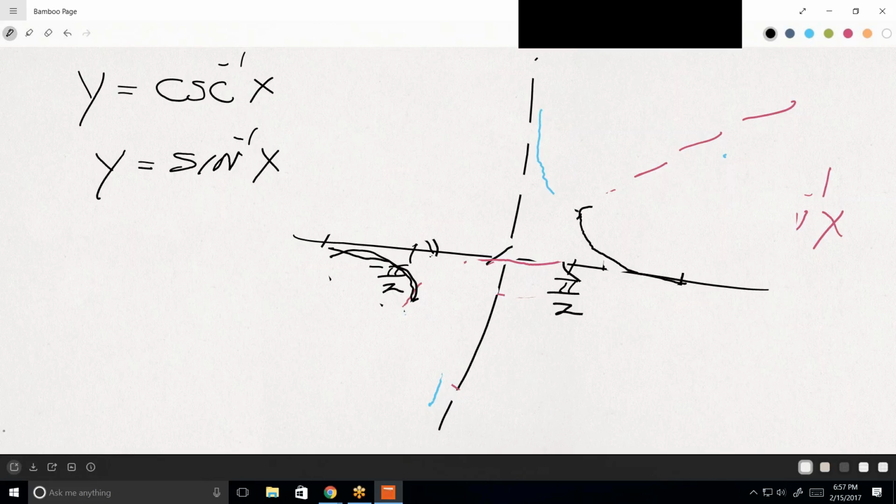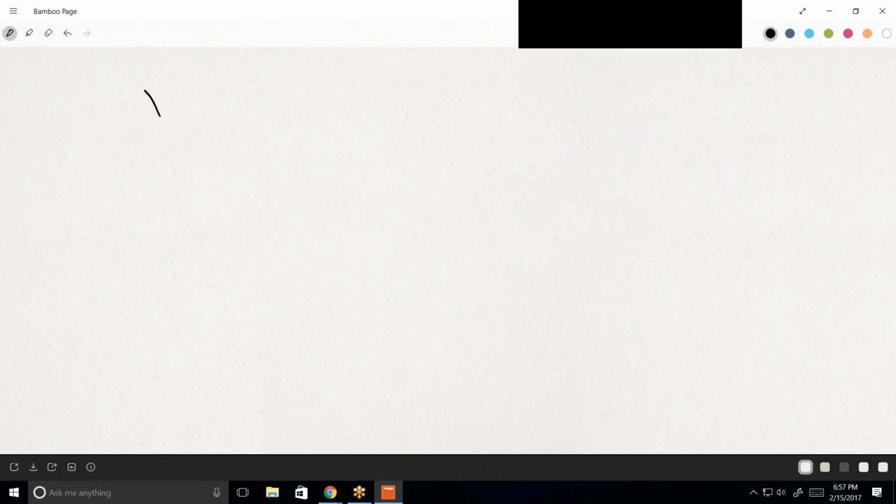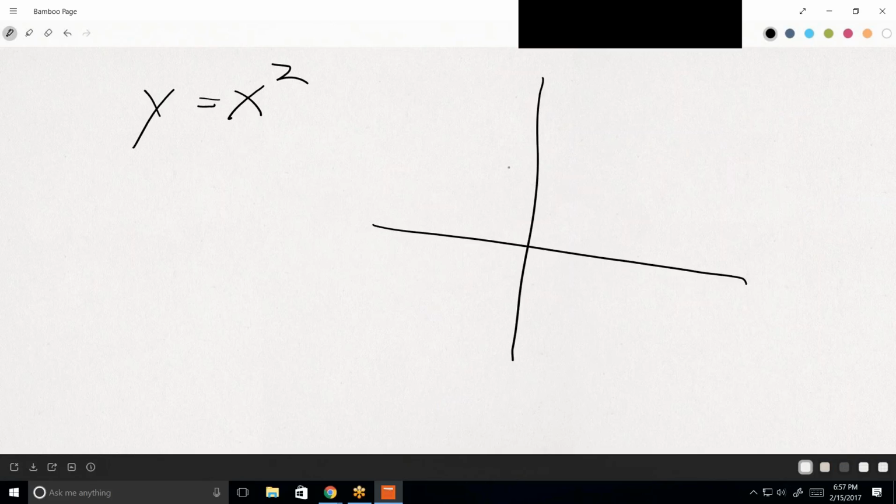Including, let's take one that you're a little more familiar with. Let's take this function right here. Notice that I have a problem with this function. If I reflect that over the line y equals x, I get a horizontal parabola, which is not a function.